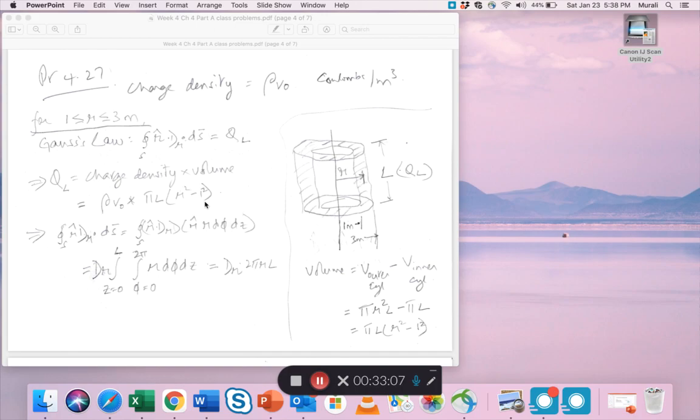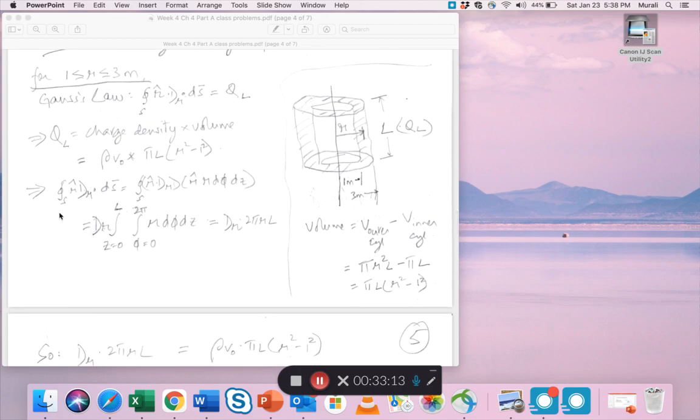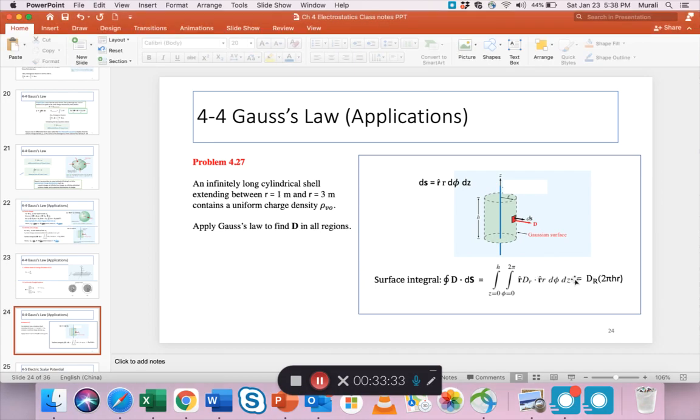So that charge Q_L can be written like this. Now to integrate the left side, we do all this stuff. So D_r, and then dS becomes r d phi dz for a cylindrical surface like I show here. This dS becomes this. We have seen this in the past.